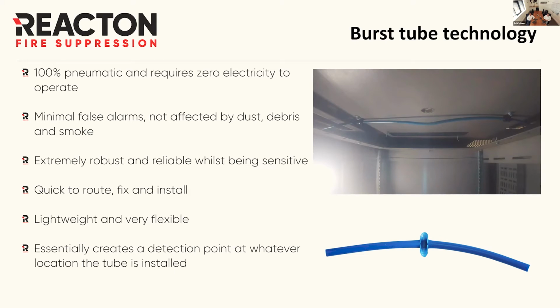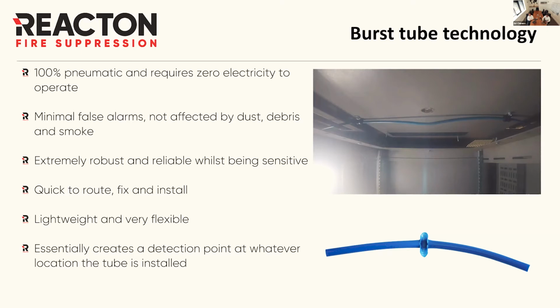Don't have those issues. The default setting for a pressure loss system is for it to operate when it catches fire. So by its nature, it's designed to go off in a fire environment. Minimal false alarms, not affected by dust and debris and smoke, which again you can get quite a lot of in a mobile generator or a wind turbine. They're robust, but also very reliable and sensitive. Quick to route and fix and install.